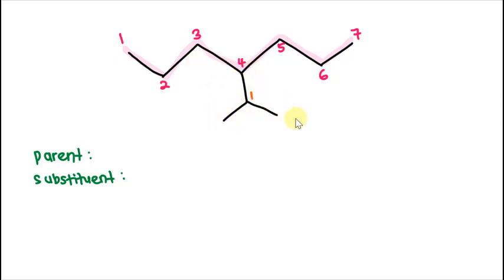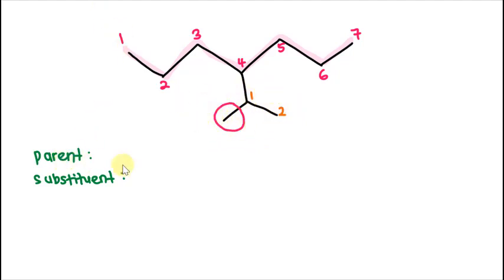Since these two carbons are symmetrical, it doesn't matter where you put carbon number 2. So let's say I'll put carbon number 2 here, and from this numbering, we can see that our alkyl group has a branch. So we have 1 methyl attached to the first carbon. This is an example of the 3-carbon branched alkyl group.